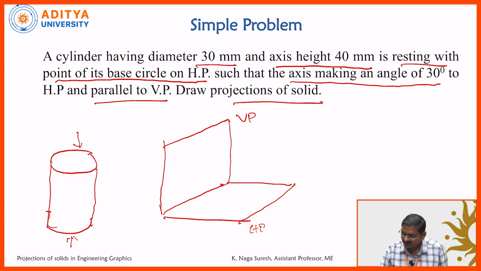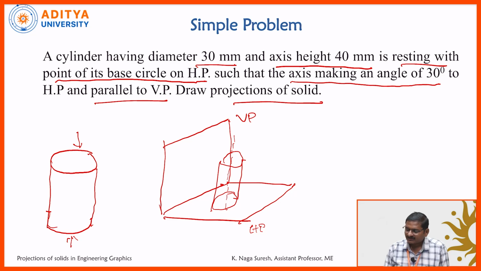The cylinder is resting here initially. This is the axis of the cylinder. In this first stage, the axis of the cylinder is perpendicular to the HP and parallel to the VP.